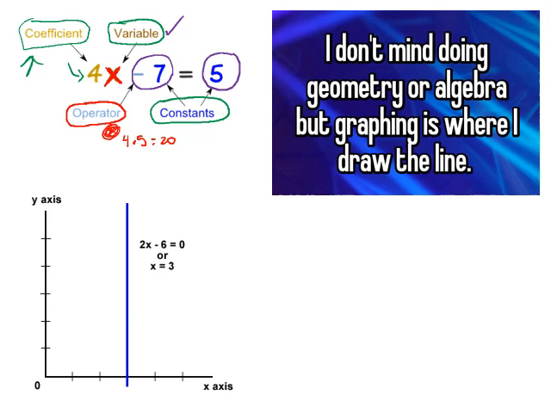Ha ha ha. So that is the whole purpose, like I said, of doing these two outcomes, that you're going to take this fancy equation, something like this, and draw what that actually represents on a Cartesian plane. So in this case, they did the math, they figured out that x equals 3. And so this is your x-axis, the horizontal one. The y-axis is the one that goes up and down.